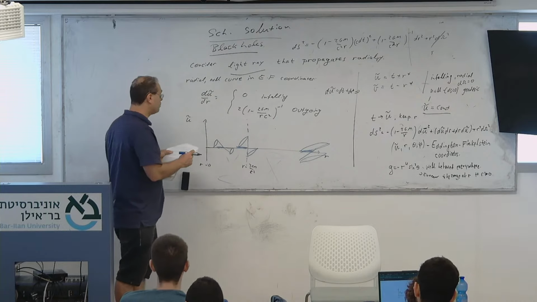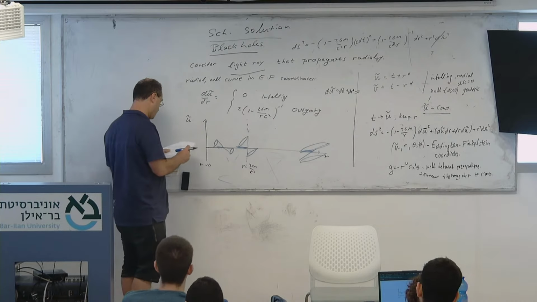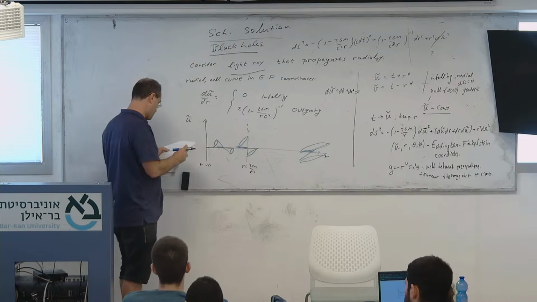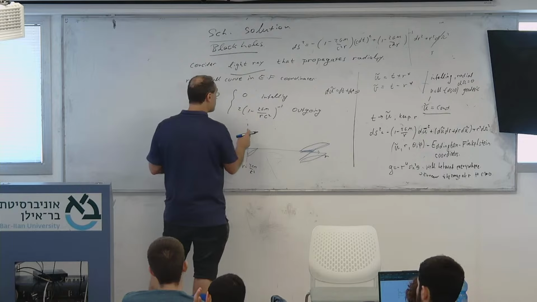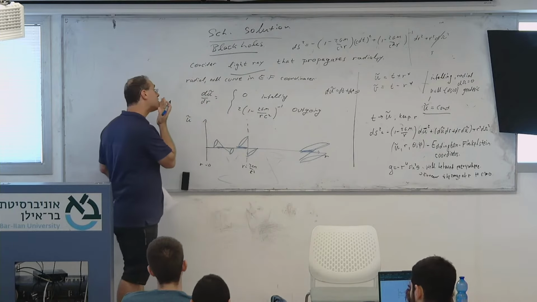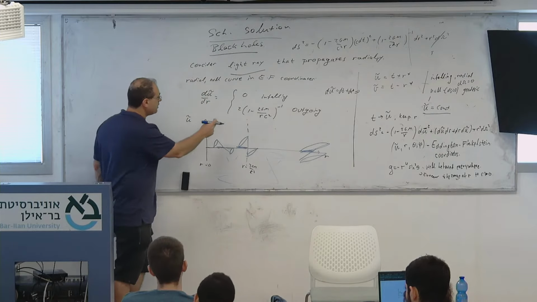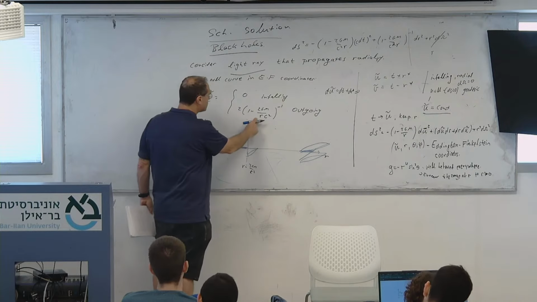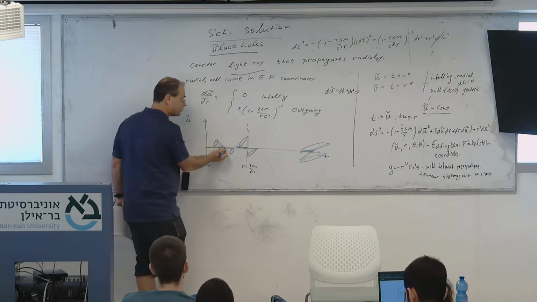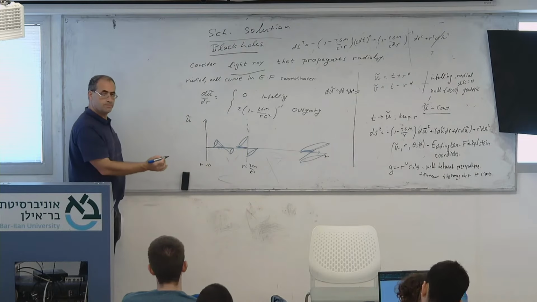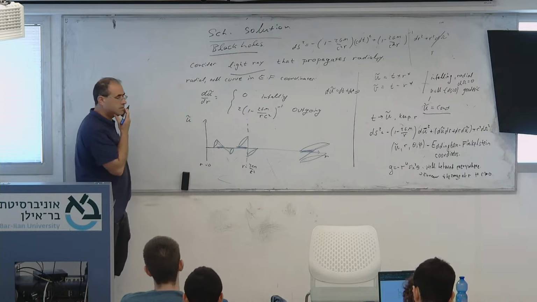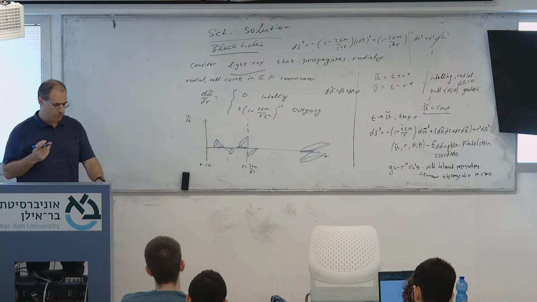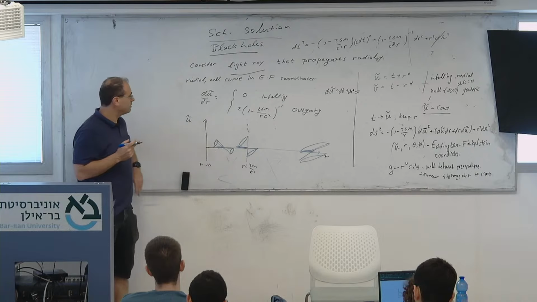Yeah, this du over dr needs to be smaller than 0. Yeah, so it's okay, it's fine. There's no problem. It goes in this direction. That's okay. The way I draw it is correct.